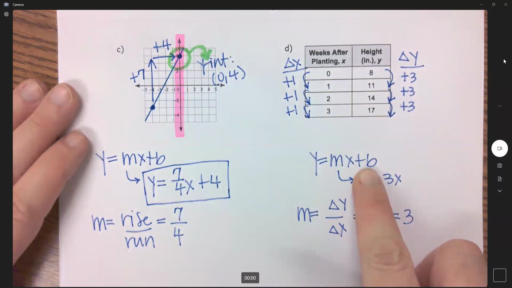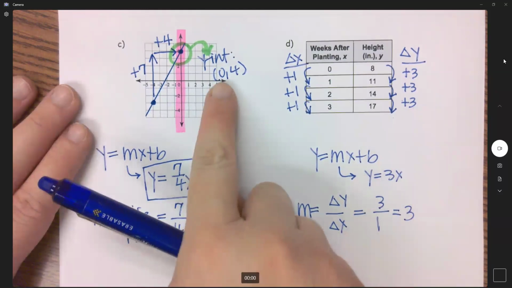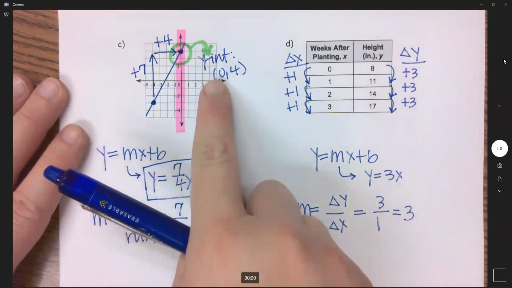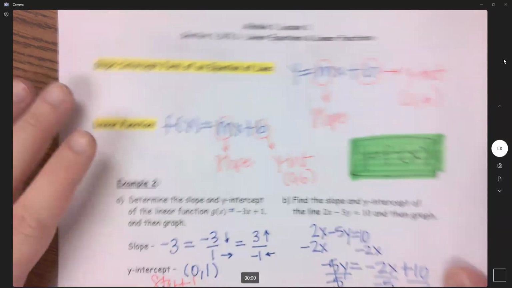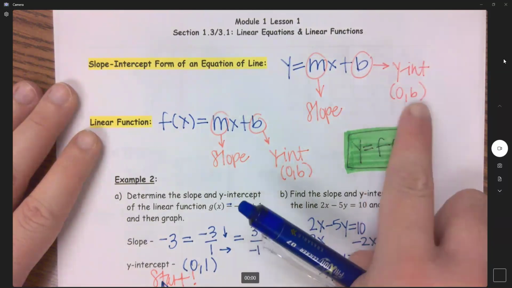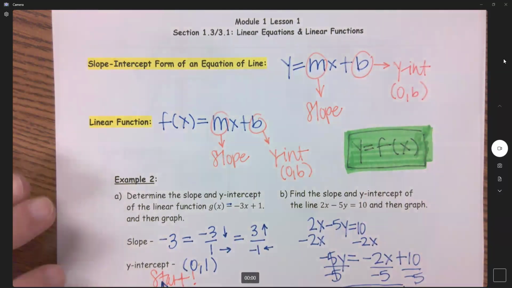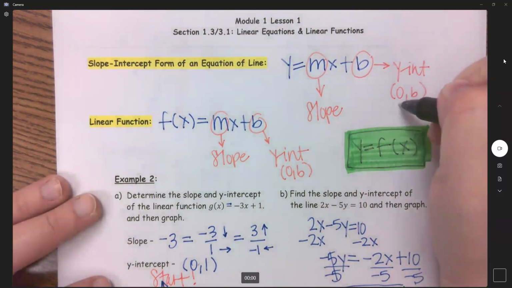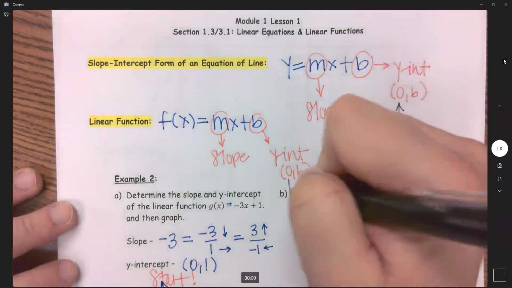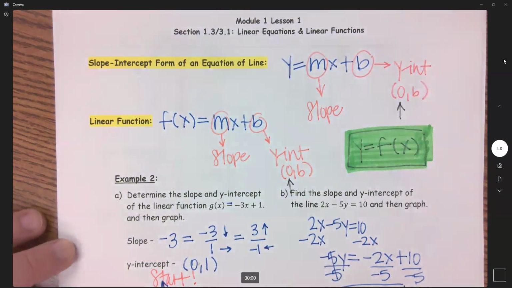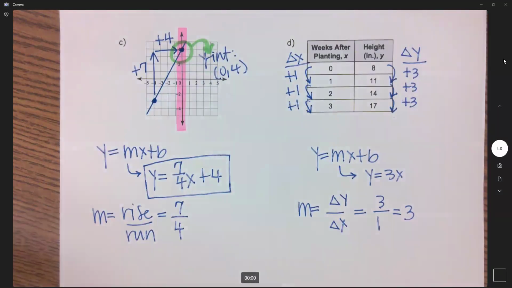And then I need my y-intercept again. Your y-intercept is always in the form of 0, comma b. So what we are looking for is a 0 and the x. And I have that right here.